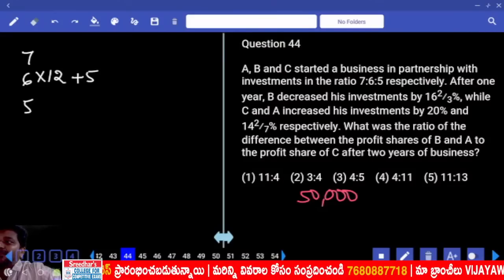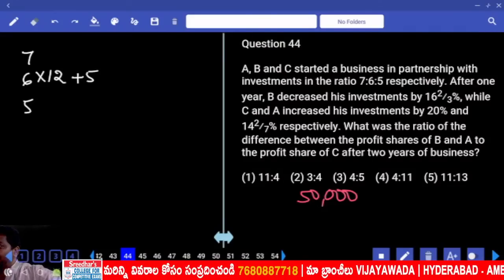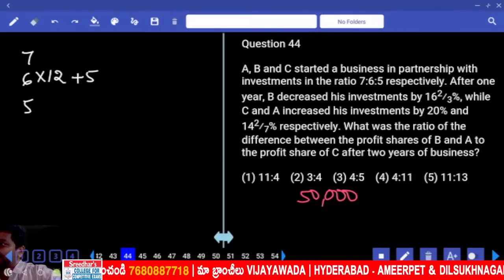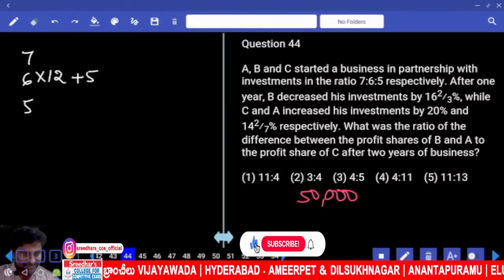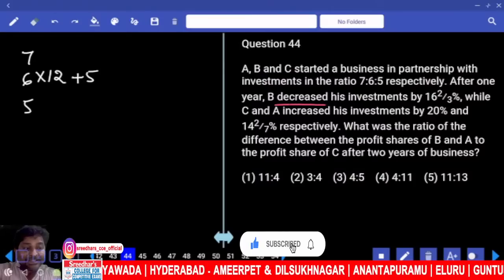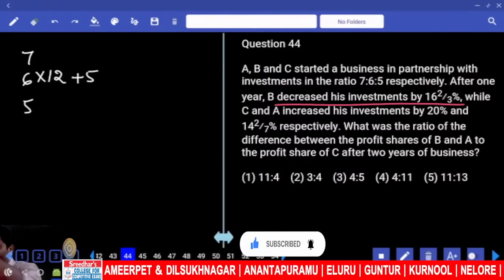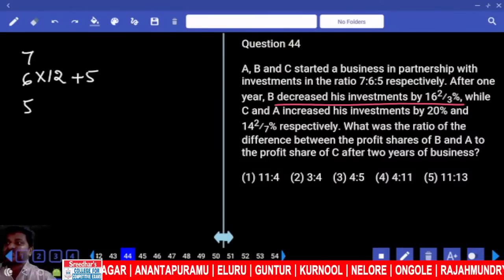How much will you get? 1 lakh? Okay. Second, your salary increases to 60,000. How much will you get? Same thing. Decreases to 16 2/3%. It becomes 16 2/3% now. Decreased by 16 2/3%.